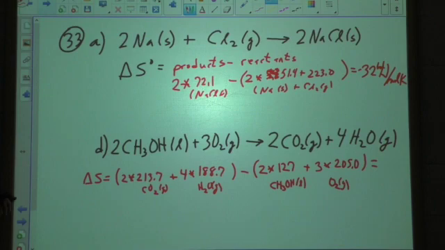So again, we go back to our calculators, and we get 2 times, parentheses, 2 times 213.7 plus 4 times 188.7, close parenthesis, minus parenthesis, 2 times 127 plus 3 times 205.0, close parenthesis, and see that I made okay.